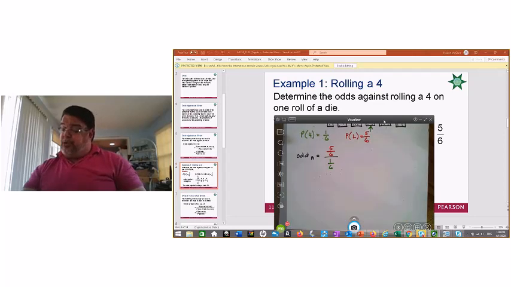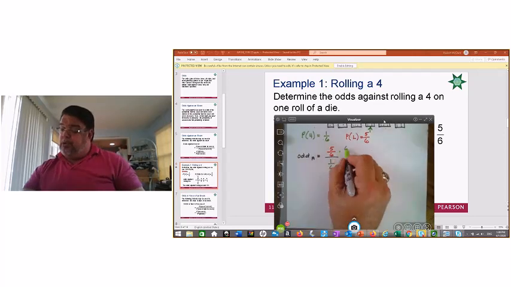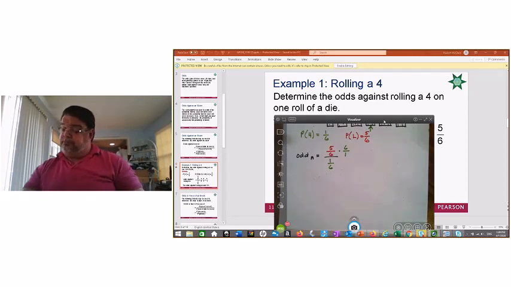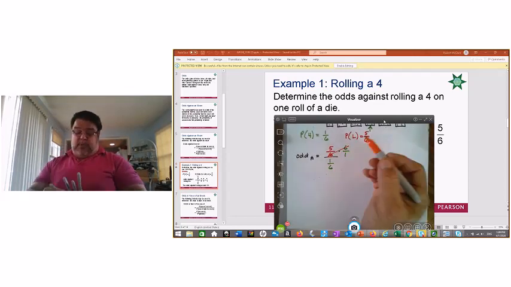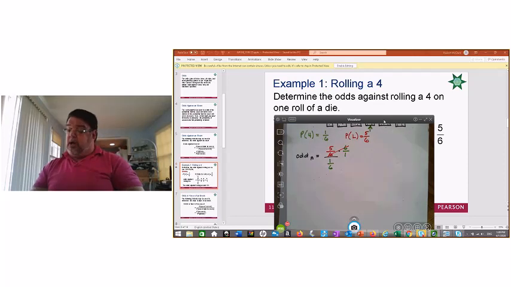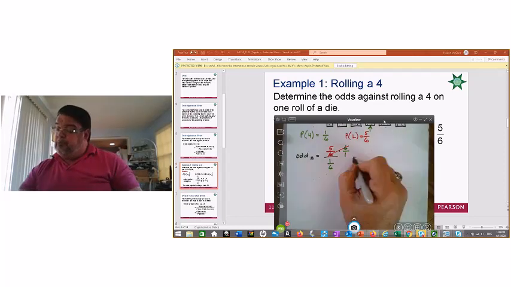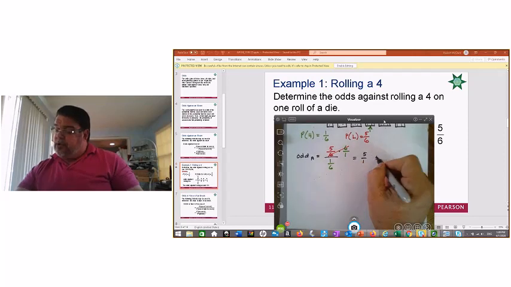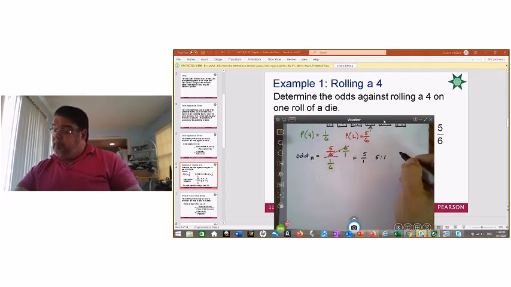Multiply by the reciprocal, and the 6's go out, and you've got 5 to 1 odds. 5 over 1, 5 colon 1, and 5 to 1.